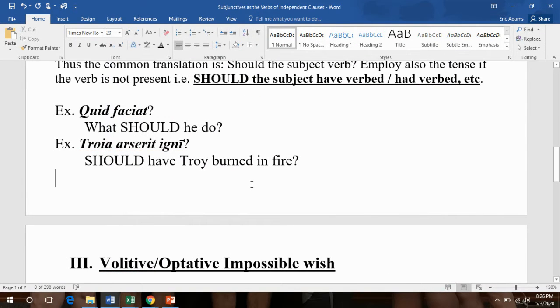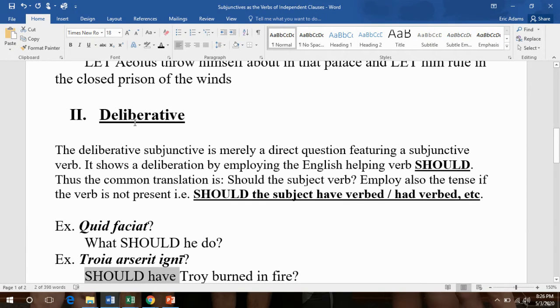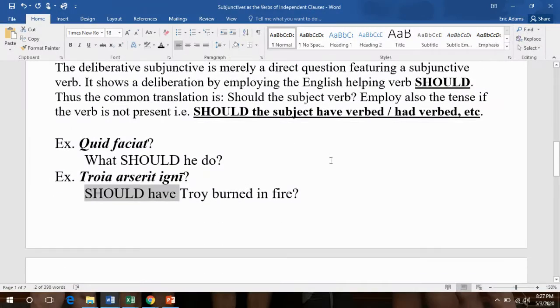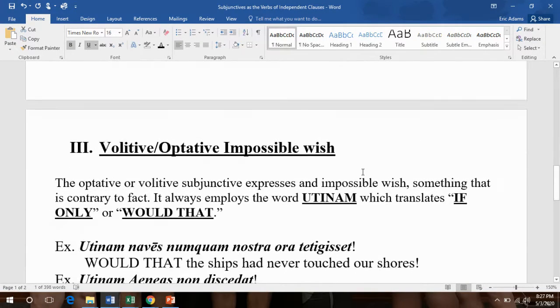It thinks that it doesn't recognize the Latin. And so it's not did Troy burn, has Troy burned, but should Troy have burned in the fire. And so it is showing a deliberation. So again, if you have a subjunctive asking a question, it is what we call the deliberative subjunctive because it is showing a deliberation, and that word that we use is should.